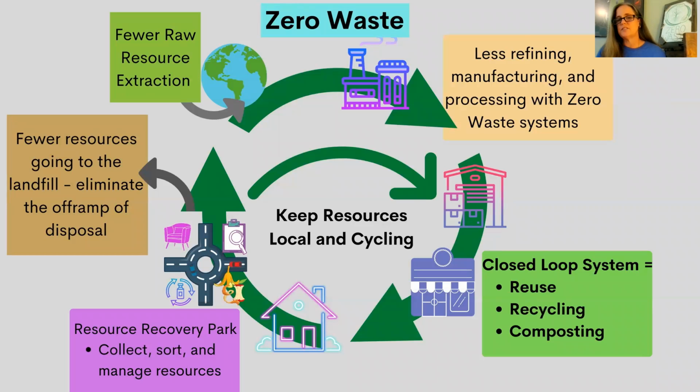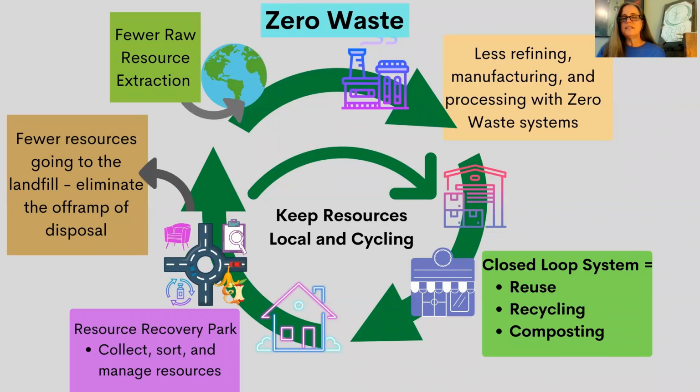But after manufacturing and refinement, and when stuff gets to us, we really want to help create that closed loop system of resource use, just like what happens in nature. So we want to keep all of our stuff for a really long time. We want to reuse our products and packaging as long as possible. And then at the true end of life, we want to recycle products and packaging as much as we can. And we want to compost, what you guys are doing with your food scraps.